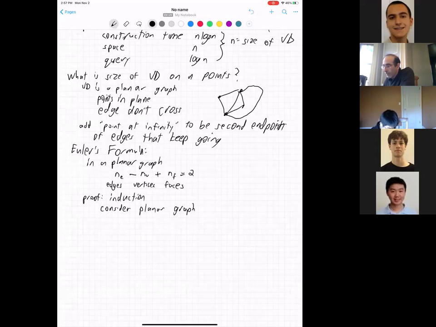If there's an edge with both ends having degree at least 3, I can remove it.